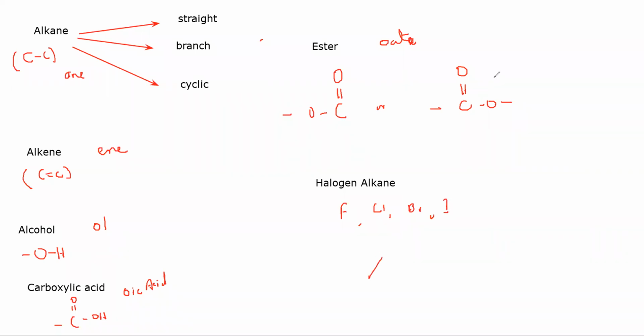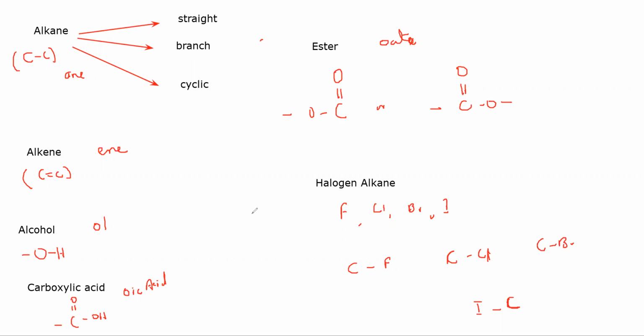So with the carbon chain, attach either a fluorine, a chlorine, a bromine, or an iodine to the carbon chain. It can be on the left hand side or on the right hand side. So this is what we did for the introduction of organic chemistry, how to name these compounds.